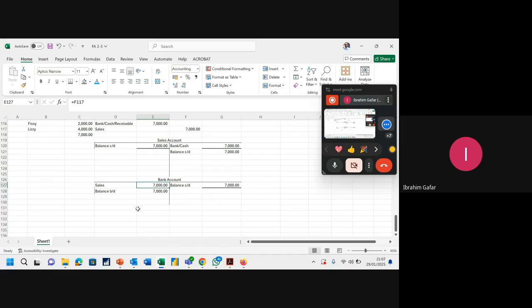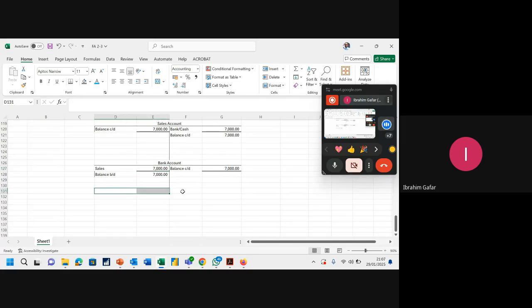Now, when I want to do my trial balance, I'll say trial balance, debit, credit. I'll put sales and bank.